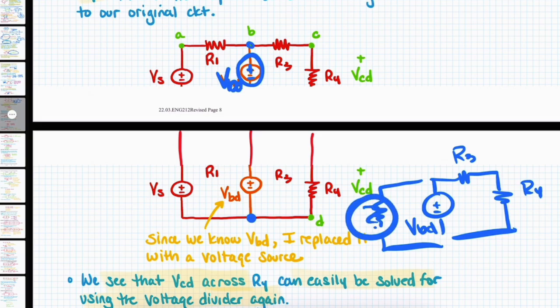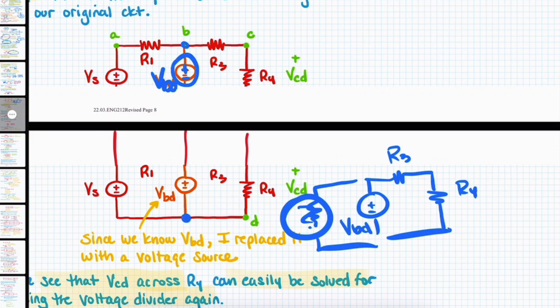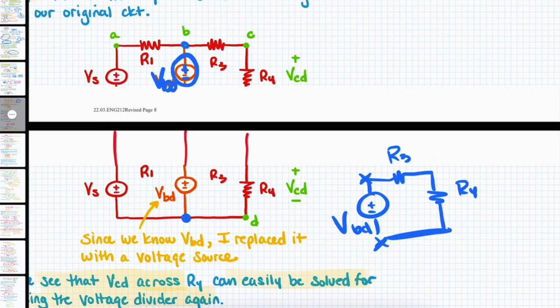The nice thing about a voltage divider is that there's no rule that nothing else can be connected on the other side. Anything else can be connected over here. It doesn't matter. As long as we know the voltage between two terminals and we know that it's connected to two series resistors, the voltage division equation will apply.